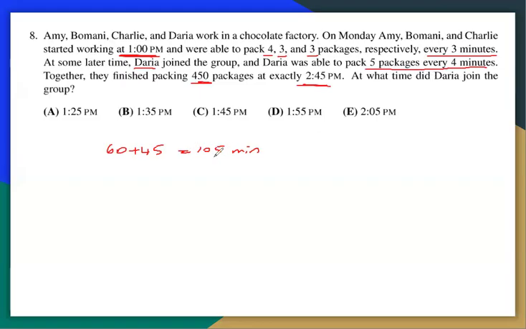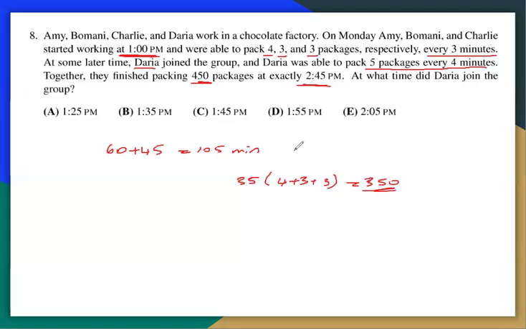So if I divide this by 3, that should be 35 times these 3 individuals work. Every 3 minutes they finish 4, 3, and 3 packages, which is going to be 10. So 350. Those 3 individuals complete 350 packages in that time frame.